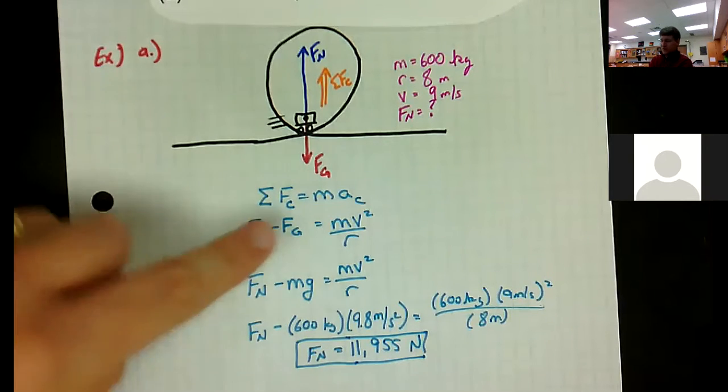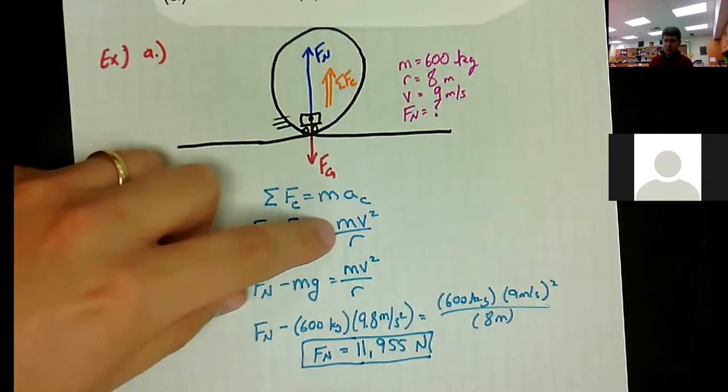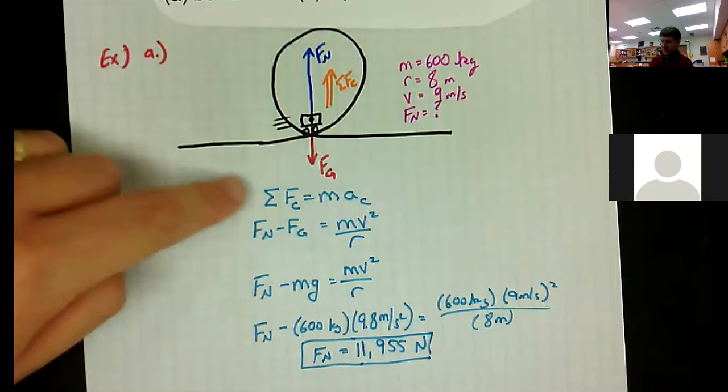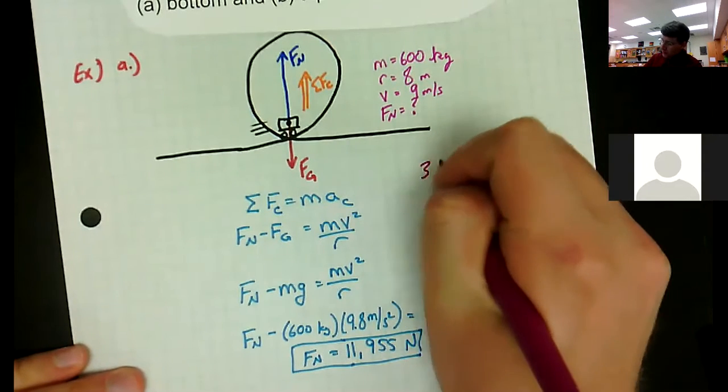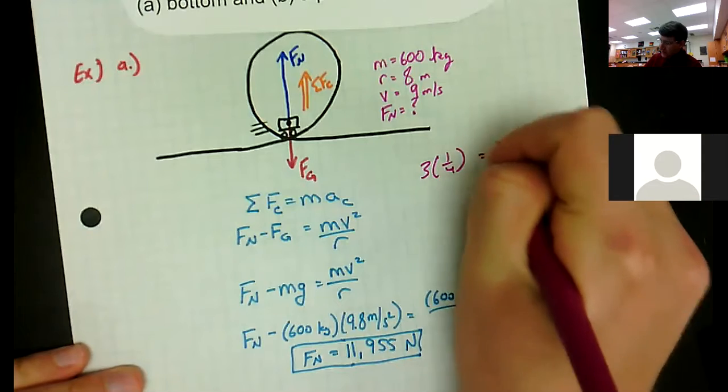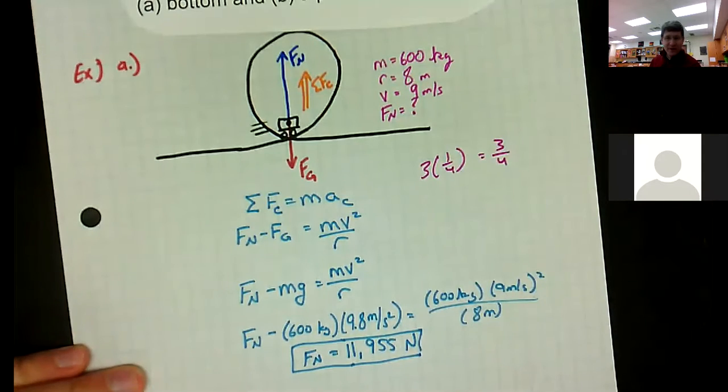So what I'm doing is I'm just combining what we did last time with this side of the equation, which is just what we were doing last unit. Why is M also over R? Good question. If I say 3 times 1/4, that's the same thing as saying 3/4, right?